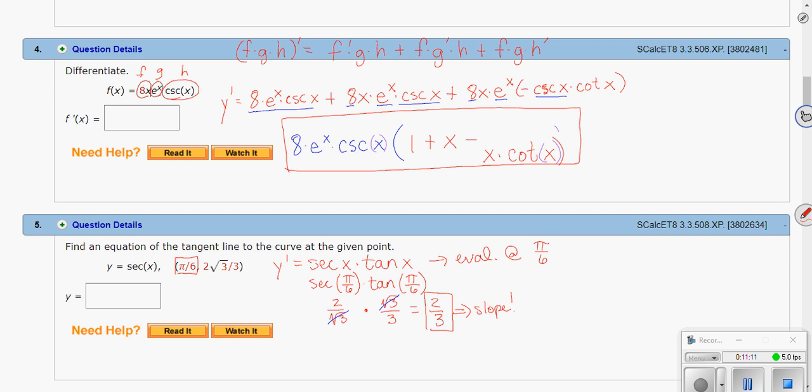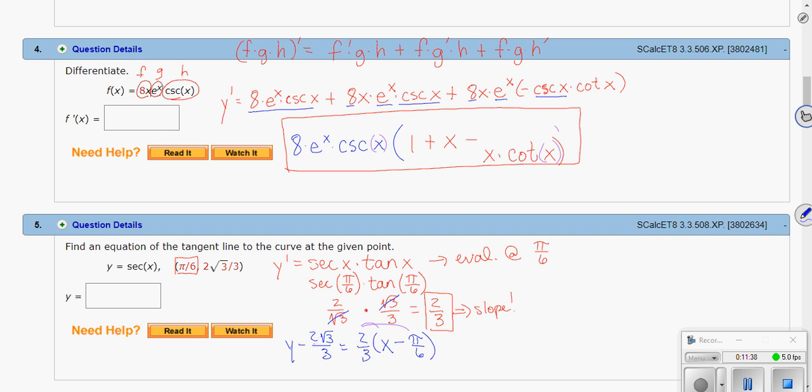Now, what do we do with that? We poke it in the point slope formula. We have y minus 2 root 3 over 3 equals the slope, 2/3, times x minus my x value, pi over 6. Now again, this 2/3 has to be distributed to both of those.